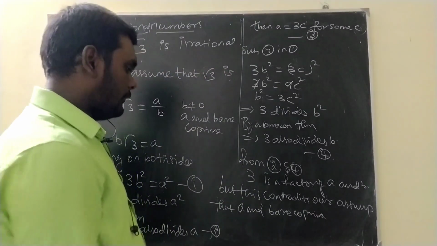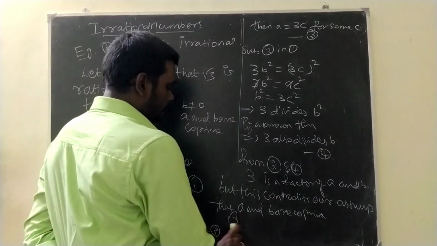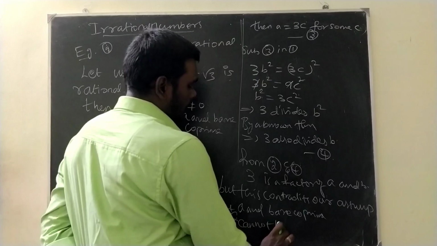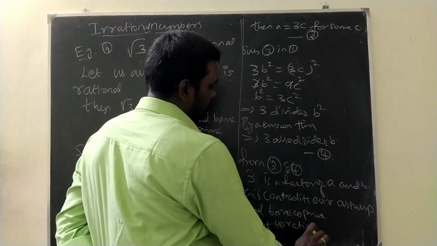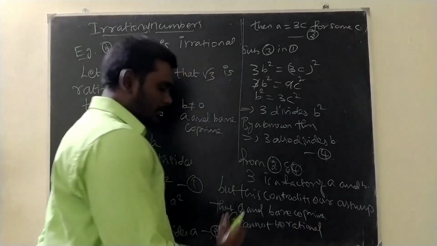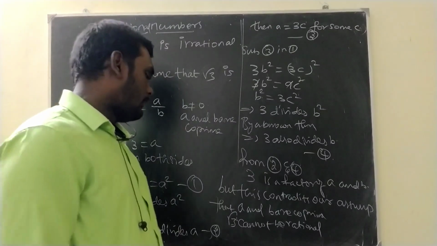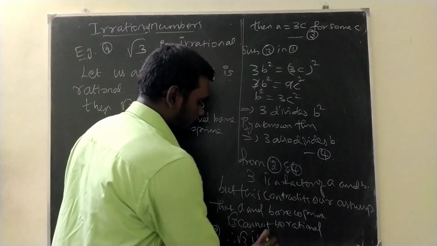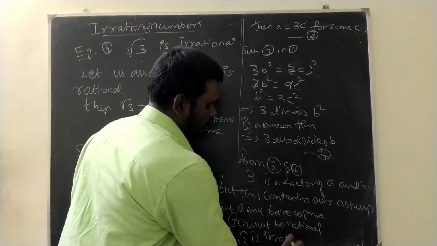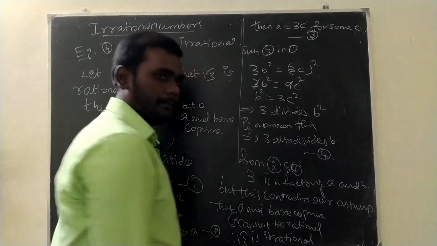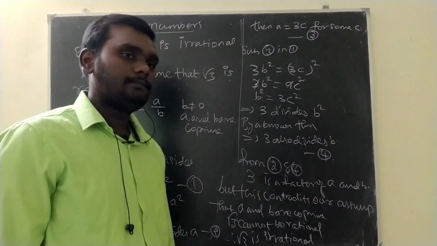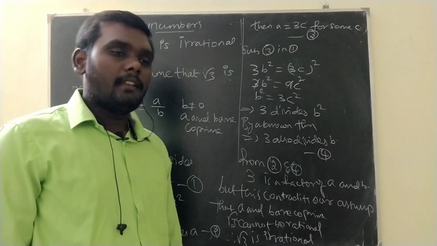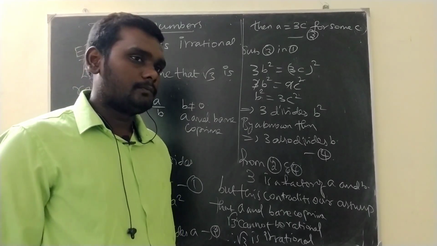Okay. So therefore, root 3 cannot be rational. Our assumption is wrong, we have to write our assumption is wrong, and root 3 cannot be rational, and therefore root 3 is irrational. Okay, clear?